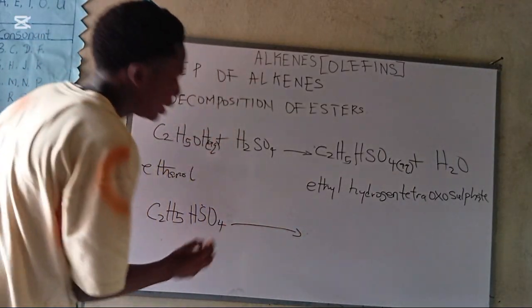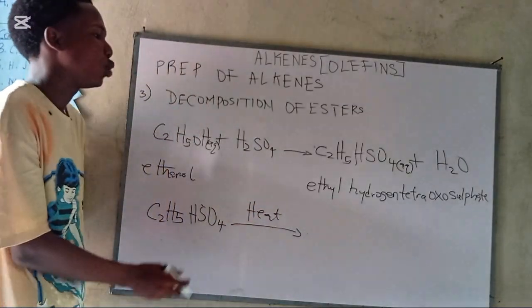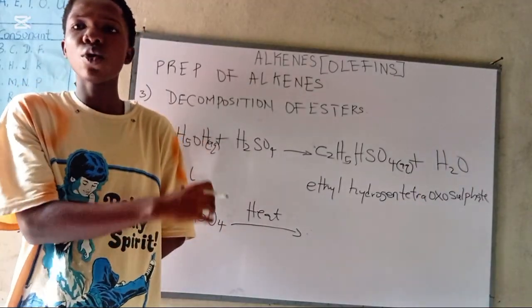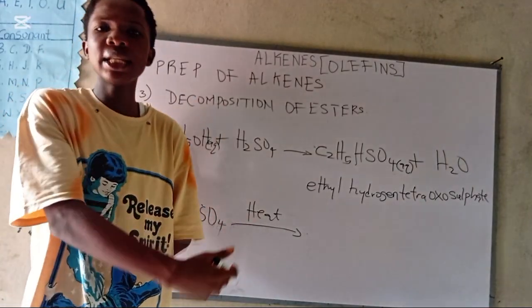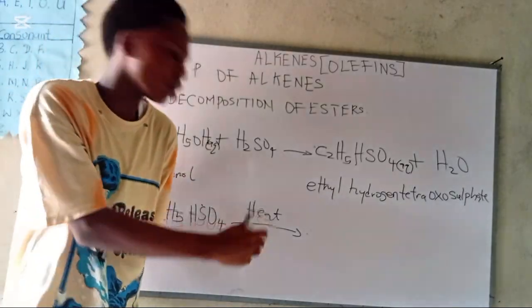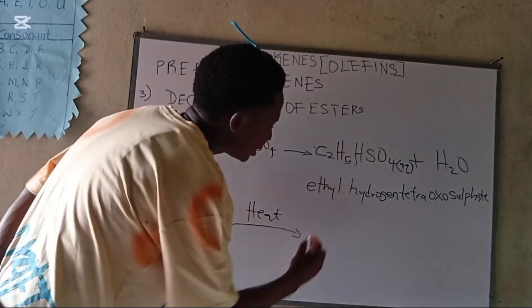When we apply heat, don't forget, there must be heat to decompose it. If we decompose this, what are we going to get? We are going to get a corresponding alkene. And what is our corresponding alkene here? We are going to get ethene.